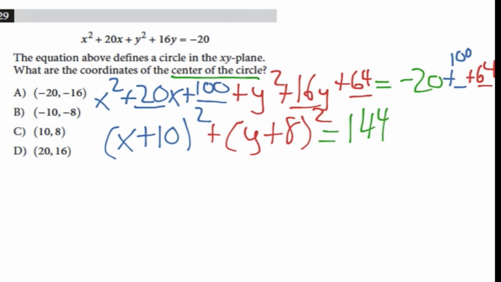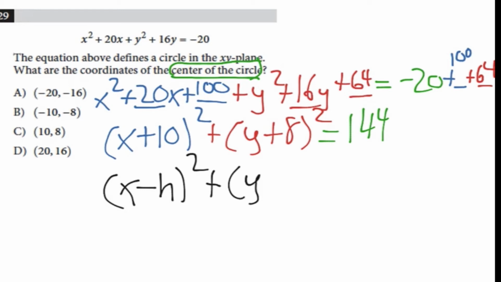And remember, they're asking us for the coordinates of the center of the circle. Remember that our original formula is x minus h squared plus y minus k squared equals r squared.